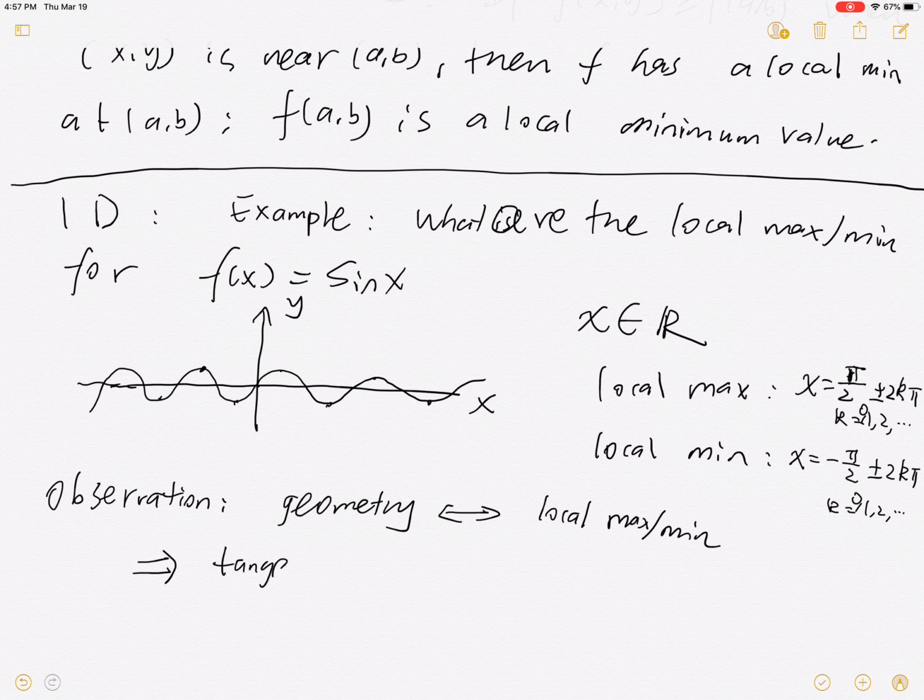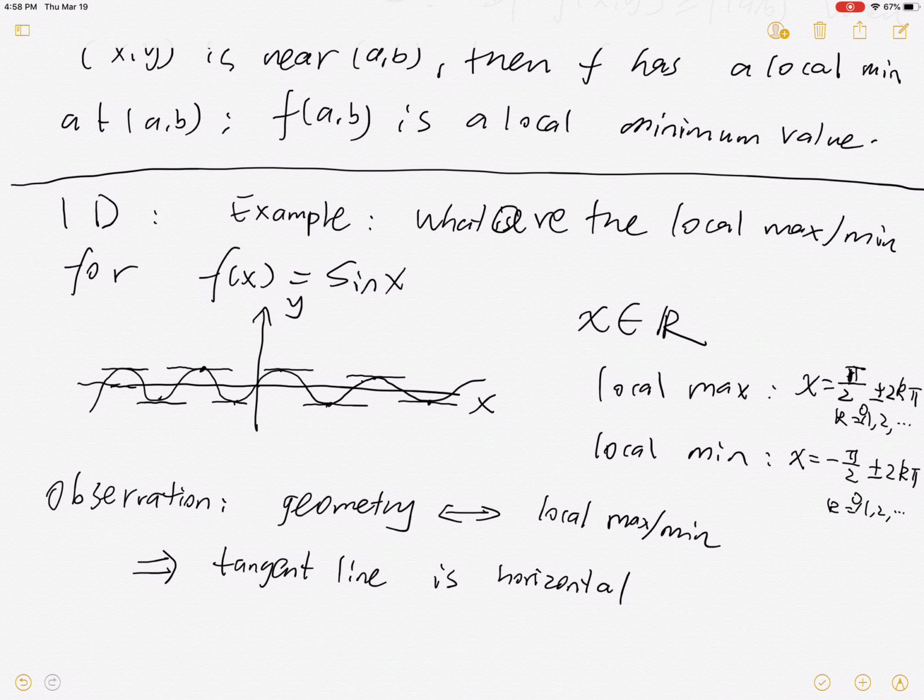The tangent line is horizontal. If you don't buy it, we can check. So here the tangent line is this, here the tangent line is this one, and it holds not only for local maximums, but also for local minimums.